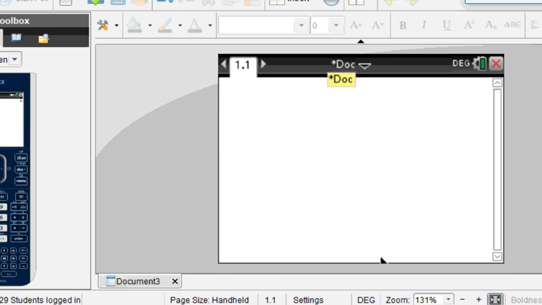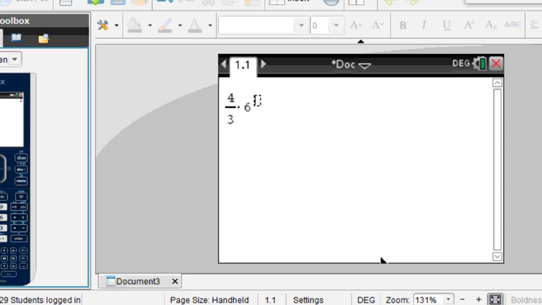So I've got the fraction 4/3 times 6 raised to the third power. To raise something to the third power, you want to go all the way to the left-hand side. Right about in the middle of your calculator, you'll find that caret button.